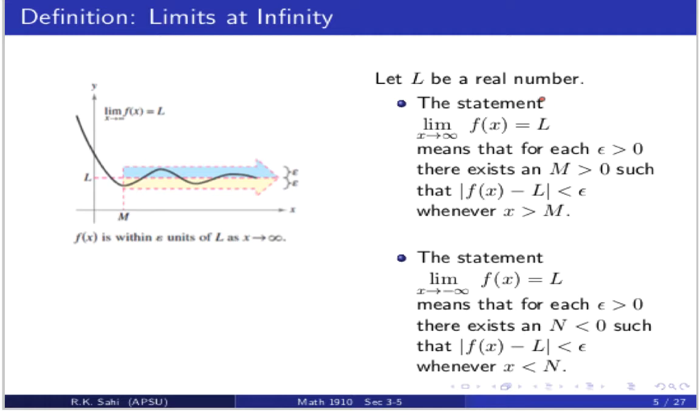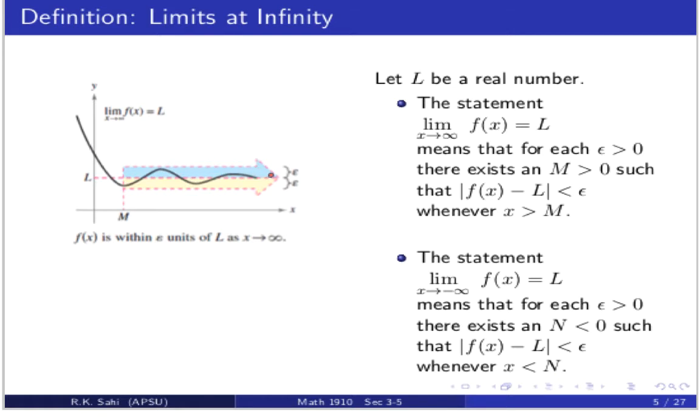So what it says is, if L is a real number, the statement that the limit as x approaches infinity of a function is equal to L simply means that if I take a very, very small epsilon, which is positive, I will be able to find an M, which is again a positive number, such that the difference between f(x) and L is small.